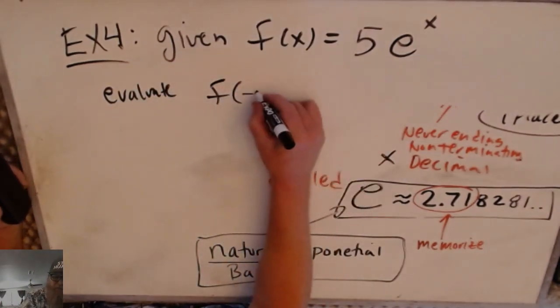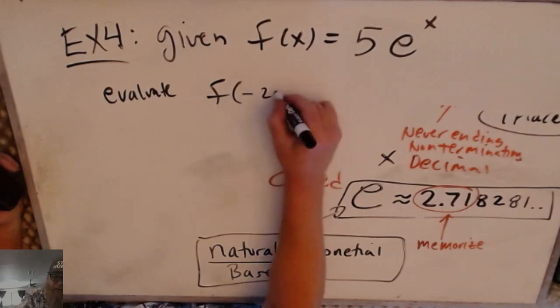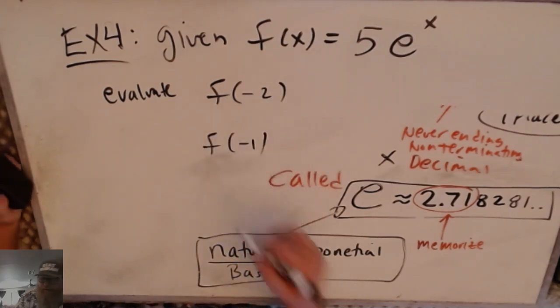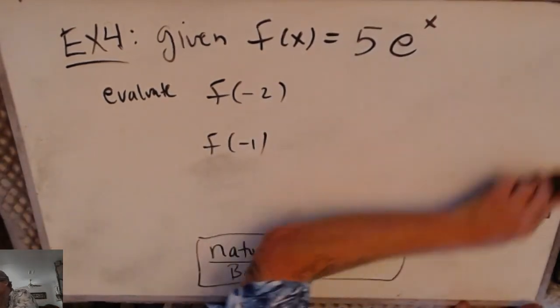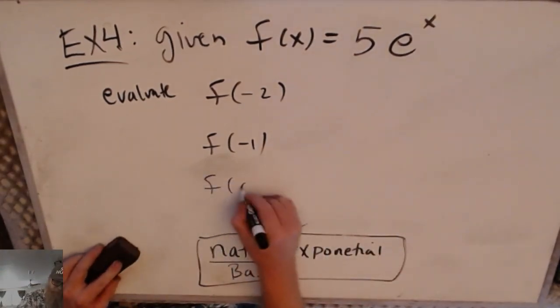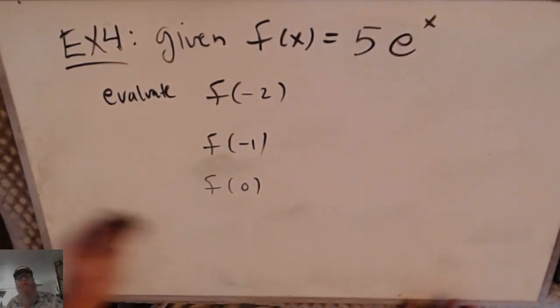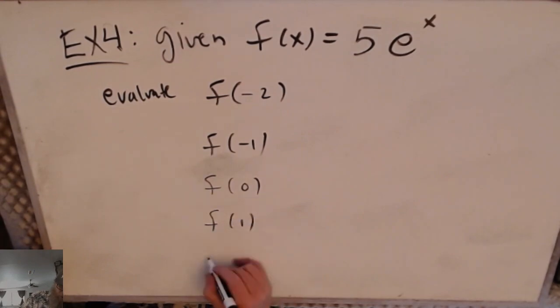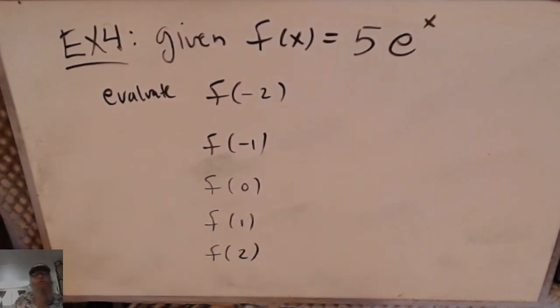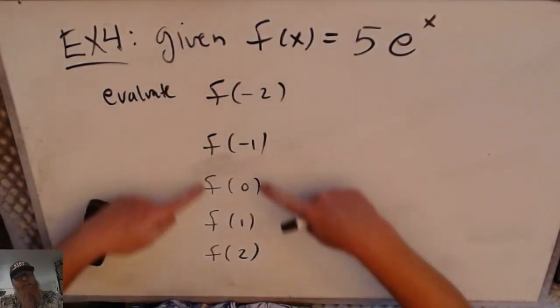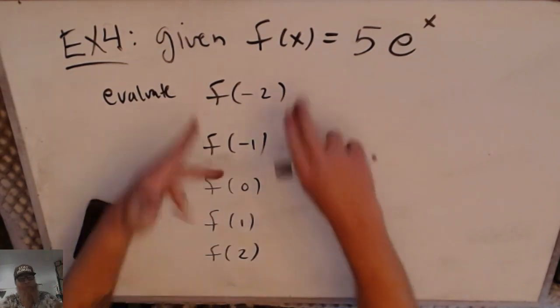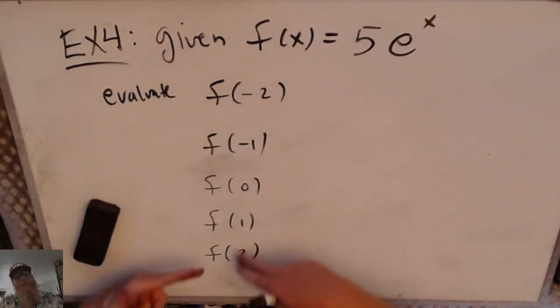Evaluate f of negative 2, f of negative 1, f of 0, f of 1, and f of 2. I hope you all see where I'm going with this, right? I'm creating the mother table here.